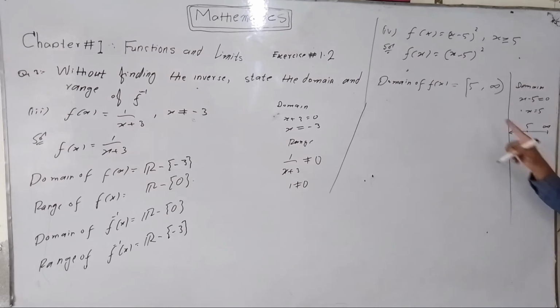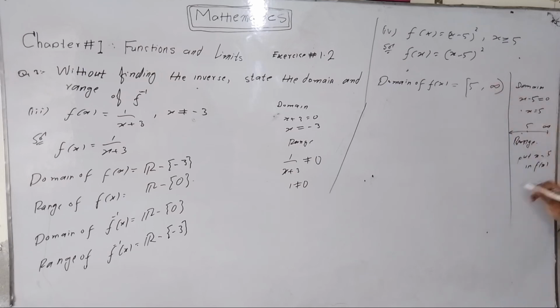Next, range. In case of range, put x is equal to 5 in f of x.